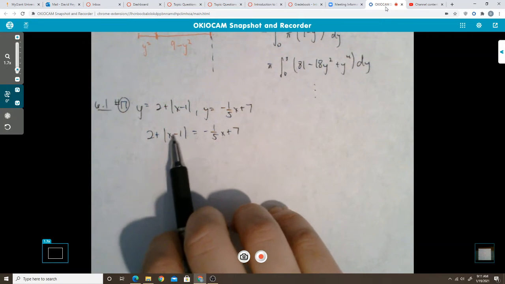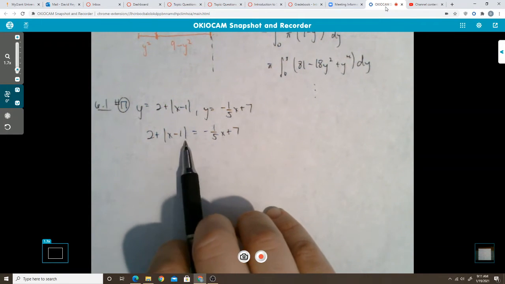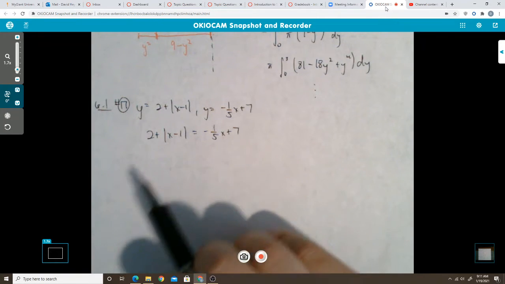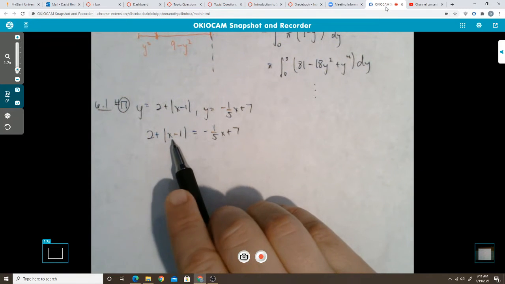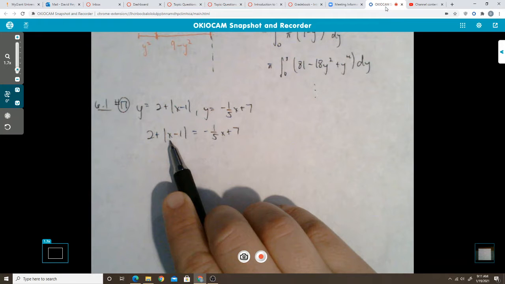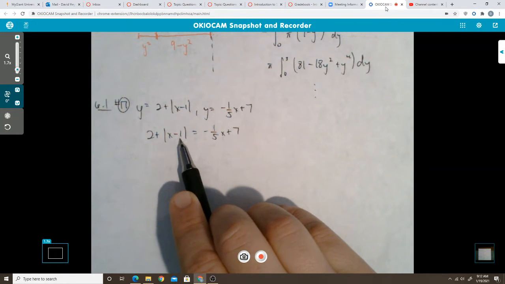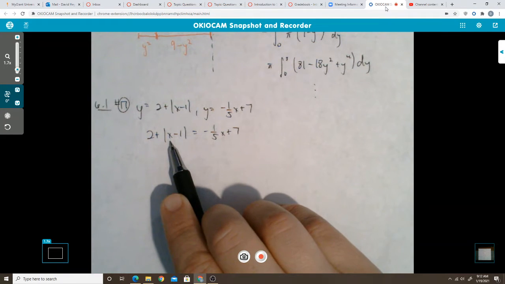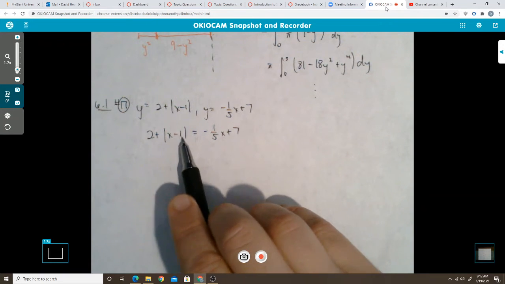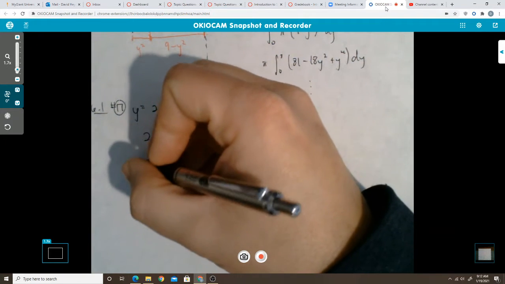And if the answer is positive, then you're going to keep it positive. So notice that if x is 1 or larger, like 1 minus 1 is 0, 2 minus 1 is 1, 18 minus 1 is 17, then the stuff inside here is going to be positive.